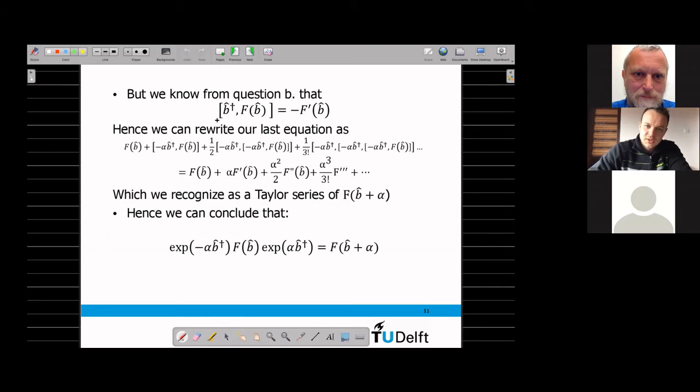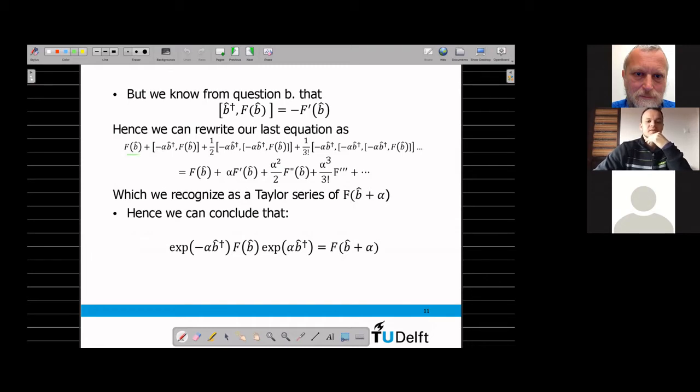In question B, sorry, we found that the commutator of B with f of B gives minus the derivative of f. So all these commutators can be replaced with derivatives of f.